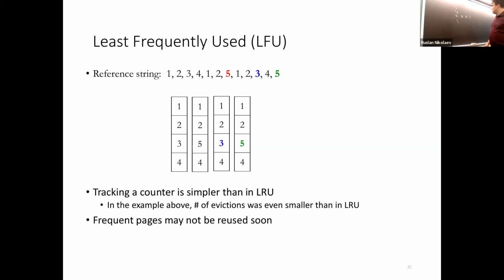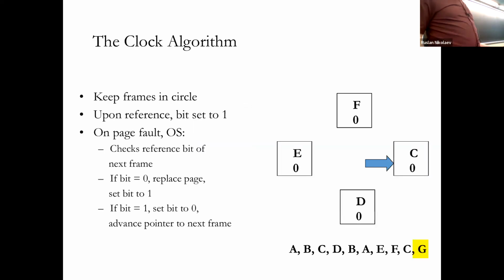So how many page faults did we have? We had initial 4 page faults. Then we have 5, 6, 7. 7 page faults. So in this particular example, I think it's even better than least recently used, right? Let's check that.